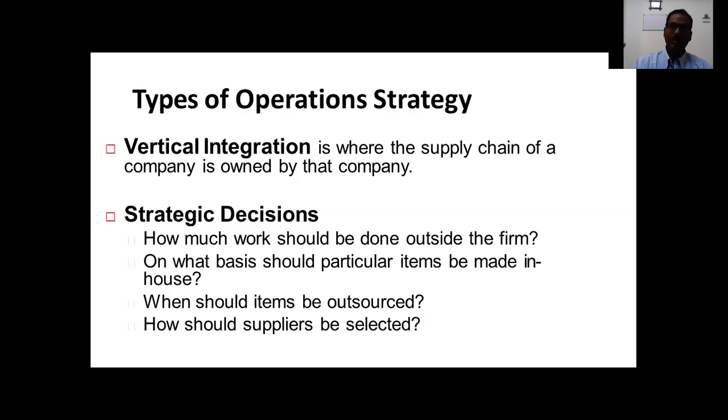If it is cheaper or more economical outside, we can outsource it. How should suppliers be selected, and on what basis? These are the decisions a business should take when thinking about operation strategies.